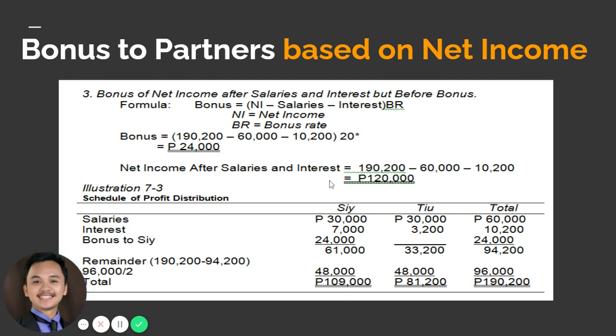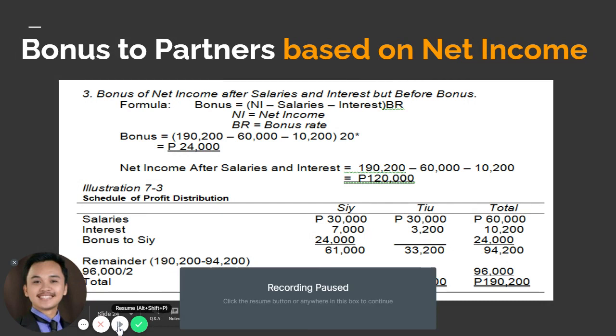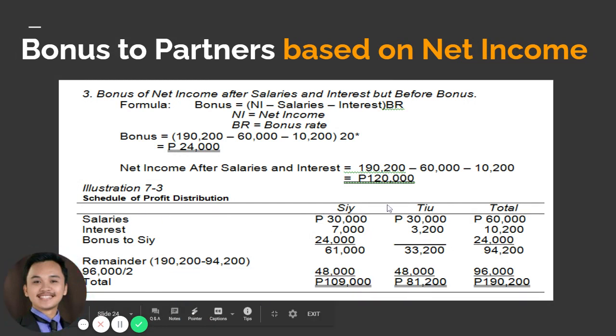So we'll have 190,200 minus 60,000 minus 10,200 times bonus rate of 20%. So salaries will be given to C and Chu as well, and interest of 7,032. What differs here is only the amount of bonus, because the type of bonus given to C is different.